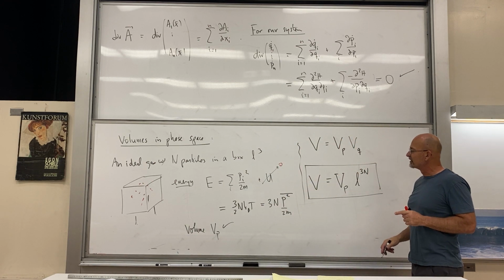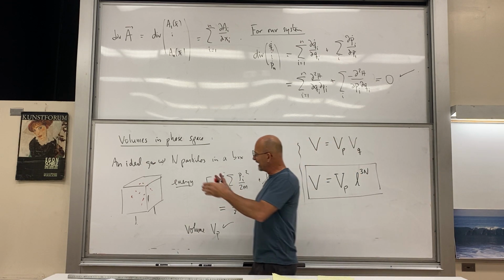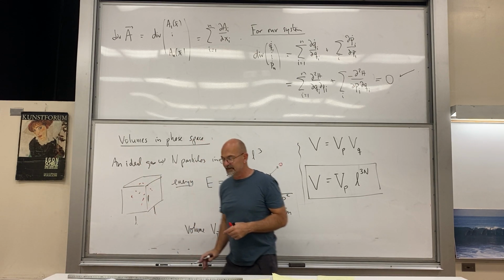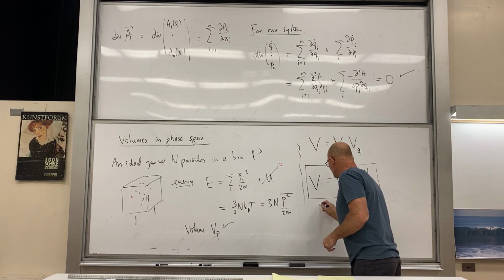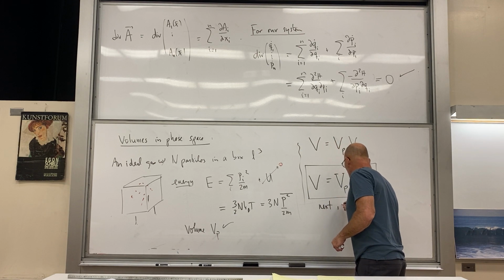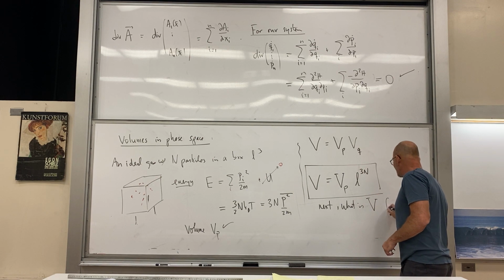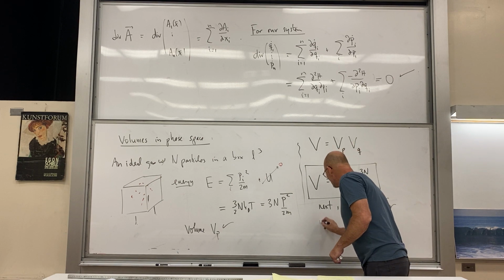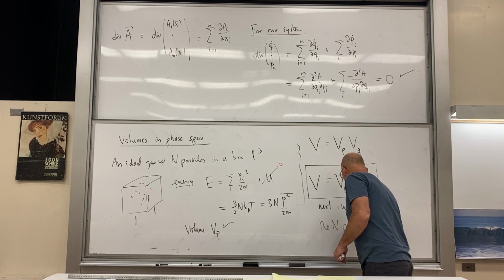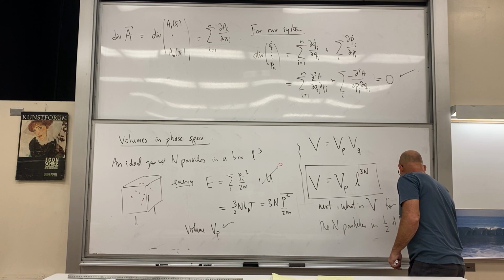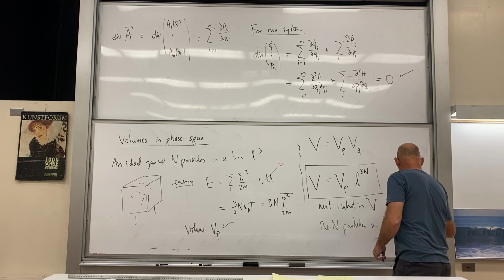What if we have the same number of particles in a box that's just been split in half? So next, what is the volume in phase space for the N particles in 1/2 of the box?